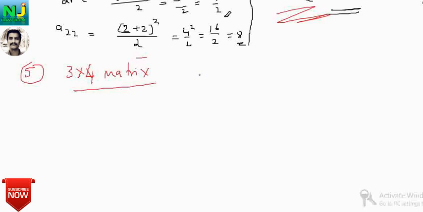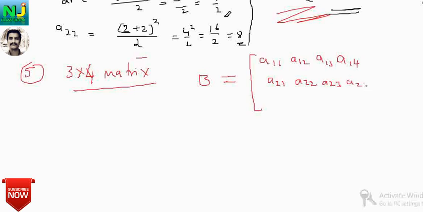Is it clear? So let us say B is a matrix. We can write down B is equal to, that is 3 rows: a11, a12, a13, a14. So that is 4 columns. Then a21, a22, a23, a24. Clear?